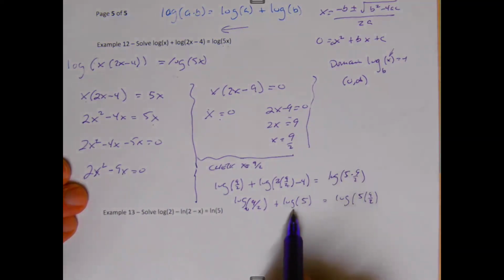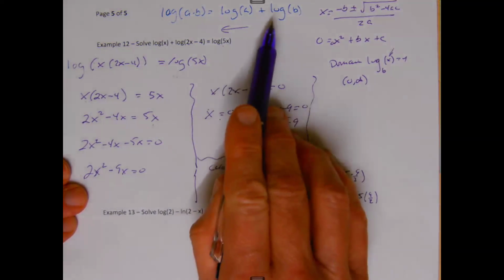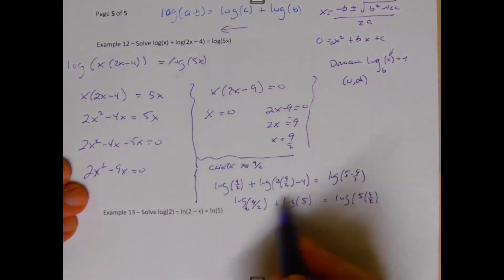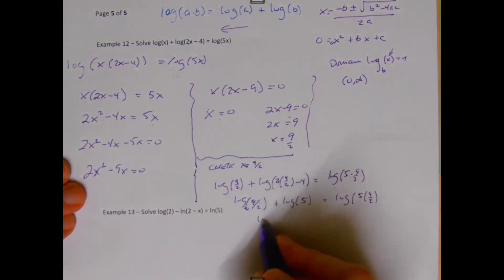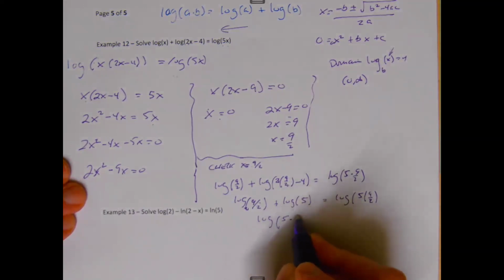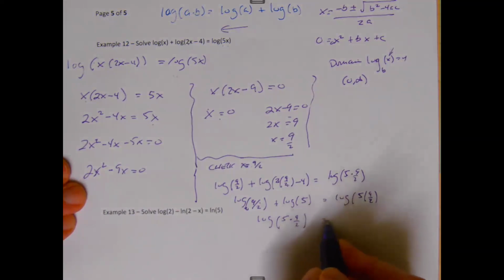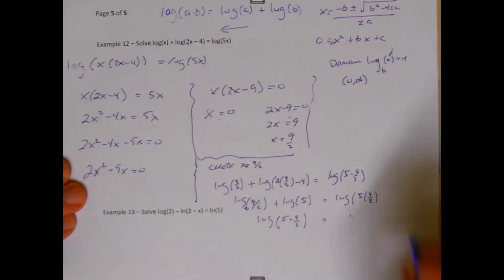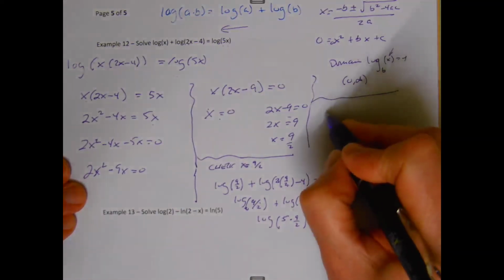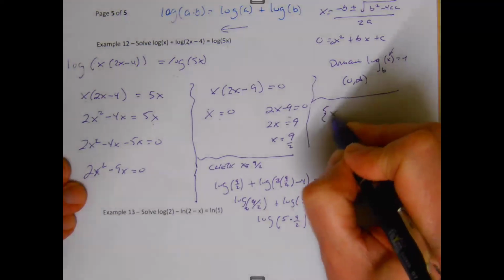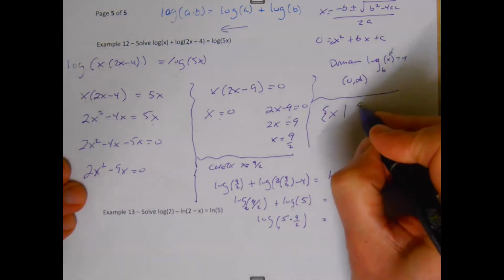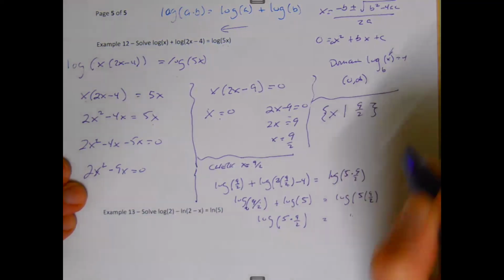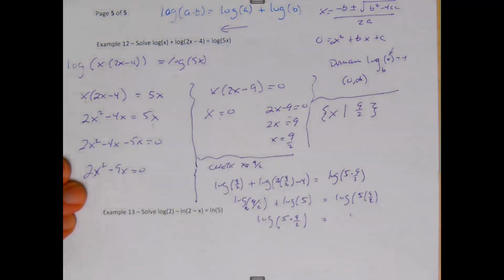And I can see that if I apply the log rule backwards, I can multiply these insides and I'll get exactly what's on the left side. So it'd be 5 times 9/2, and so there I have equality. So this checks out. There's only one solution here. The solution is x equals 9/2, the only solution to this.